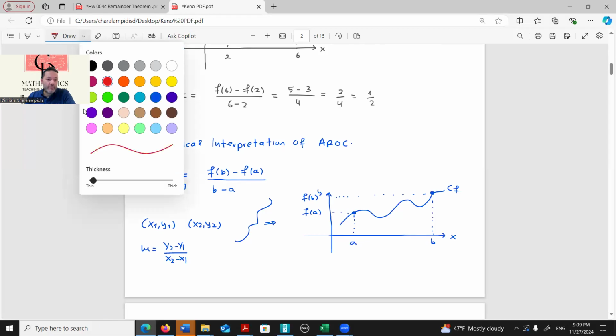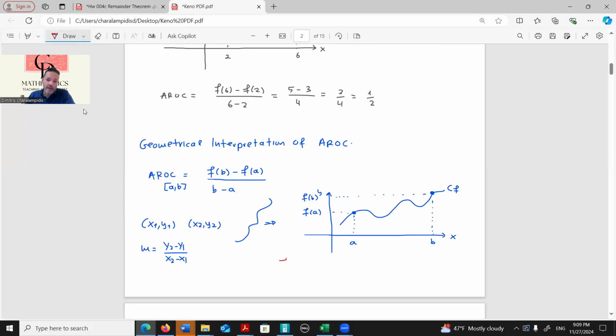If we apply that formula, we will see that f of b minus f of a over b minus a, which is the average rate of change, at the same time is the slope of the line connecting the points with coordinates a, f of a, and b, f of b.